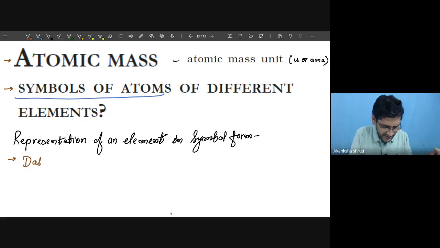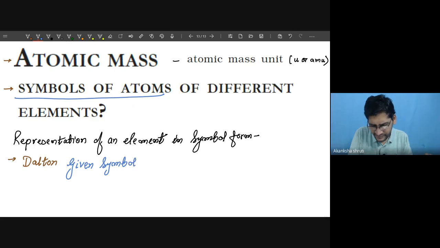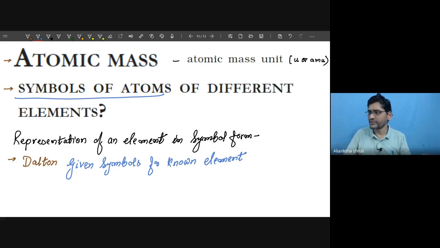It was Dalton who gave the first representation, the symbols for known elements. Means at that time, what were the elements known? For that, he had given these symbols.